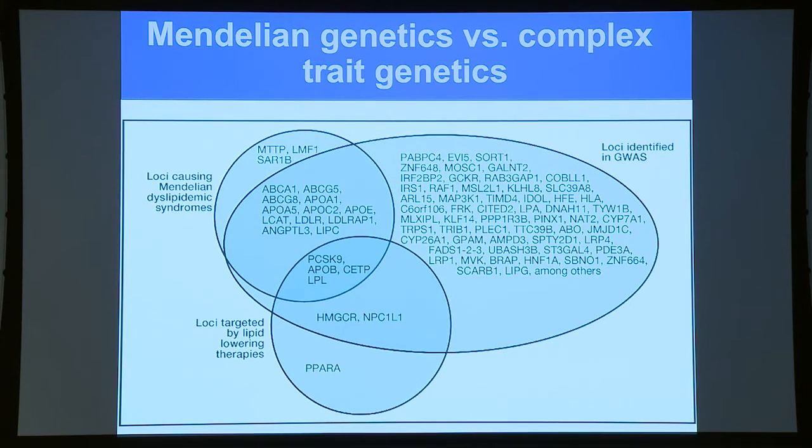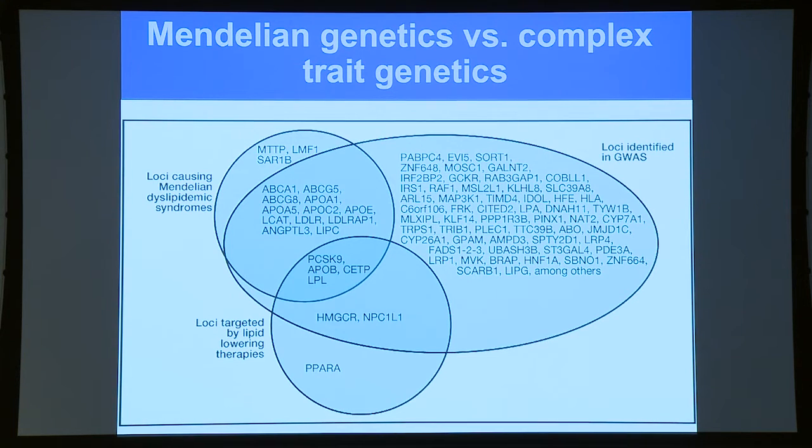Then Jonathan Cohen and Helen Hobbs sequenced a whole bunch of protein-coding genes in the Dallas Heart Study, looking for rare coding variants involved in variation in lipids, and many of these genes show effects of rare variants in their studies. So it means that even though we use variants of different allelic effects, regulatory and coding, genetic studies end up finding the same biology.